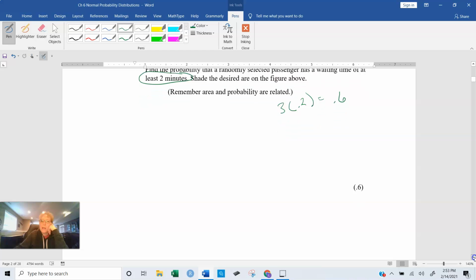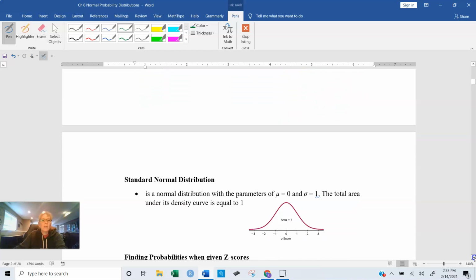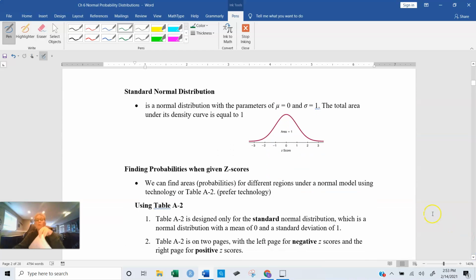Not too bad, right? So now let's go to a standard normal distribution we've talked about a couple of times. Now remember, standard is when our mean is 0 and our standard deviation is 1 on a standard normal distribution curve. The density curve has an area equal to 1, just like before.